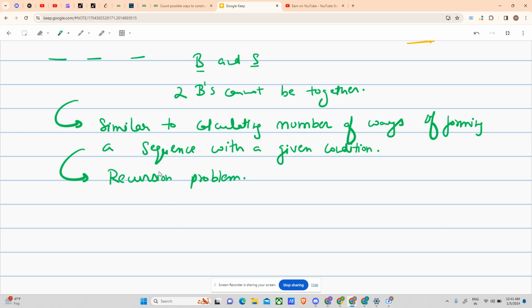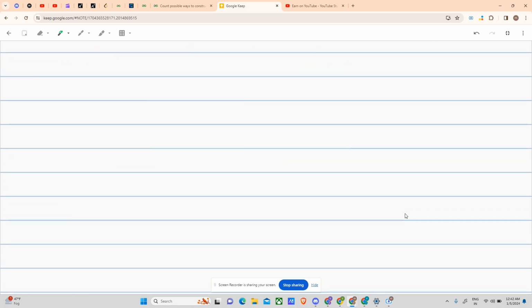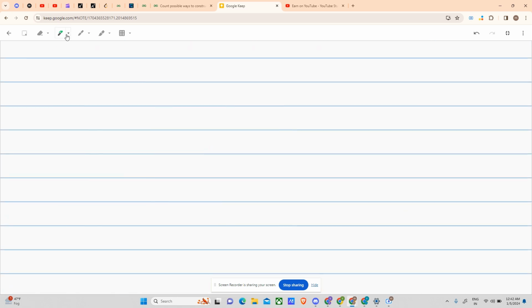Now, as I only want the number and not all the sequences, like not all the strings as sequences, what I can do is use dynamic programming. In dynamic programming, how can you proceed?